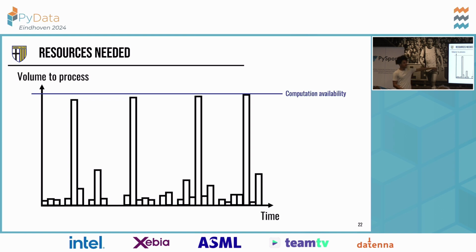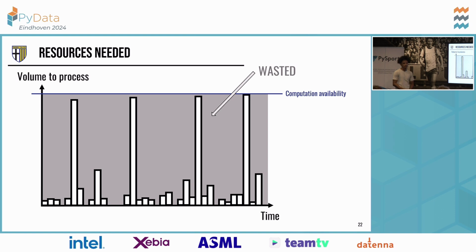If we set it to the maximum volume that we have to process, we will be able to process every game, no matter when, but we'll waste a lot of resources because it means that we have to maintain this amount of resources every time, and this means a lot of money.